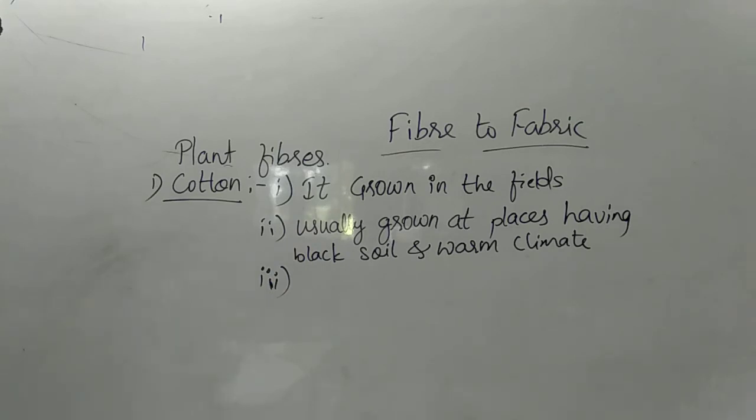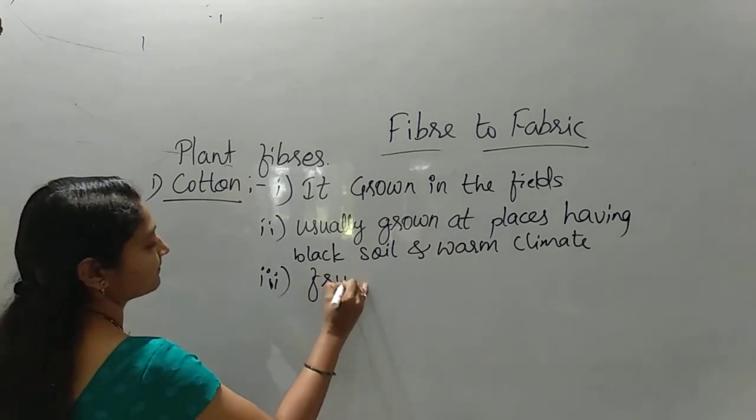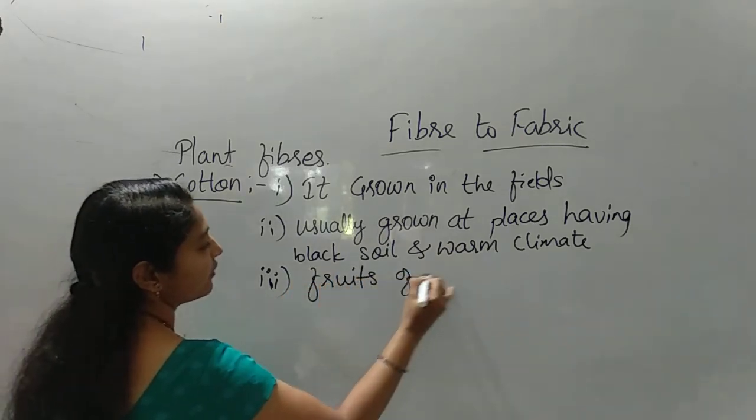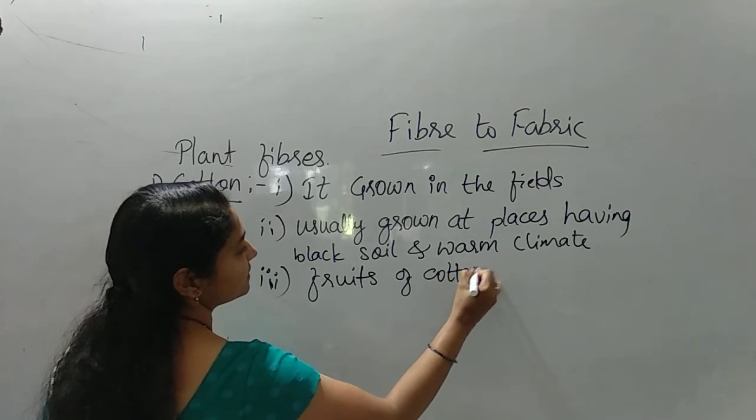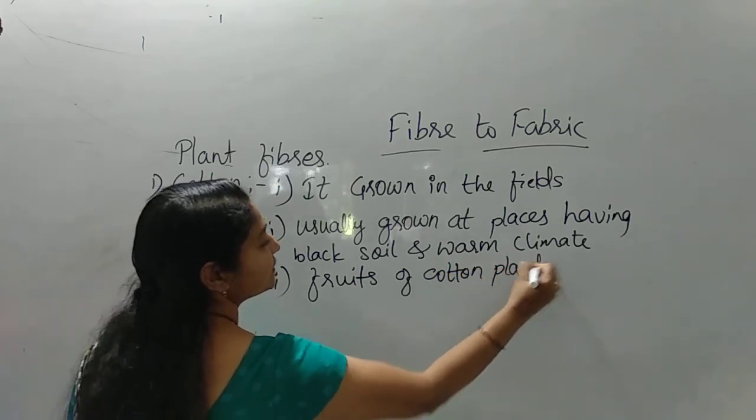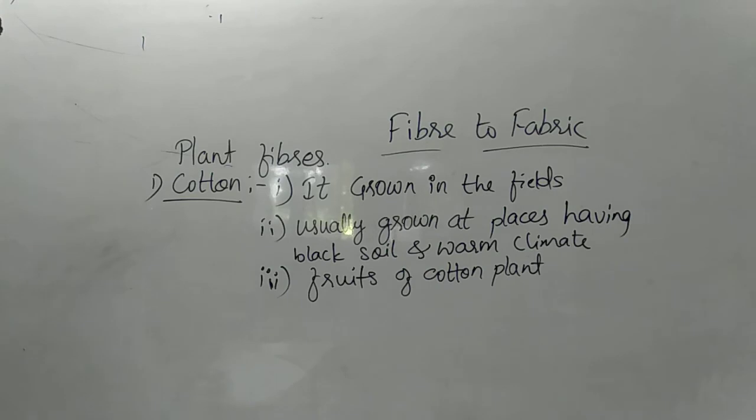Then how is this cotton extracted from the plant? The fruits of the cotton plant are called cotton balls. They are about the size of a lemon.